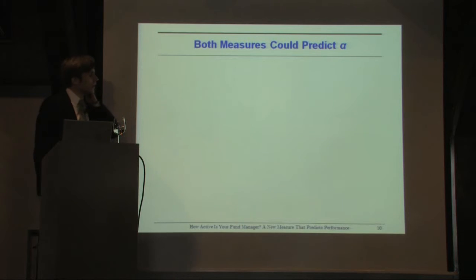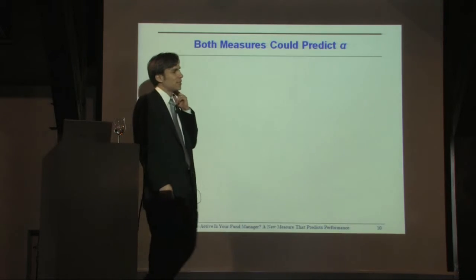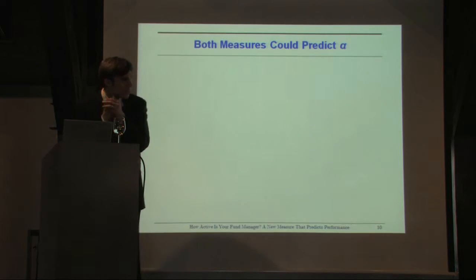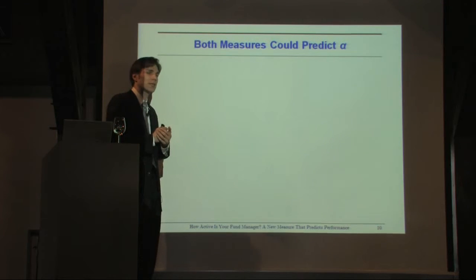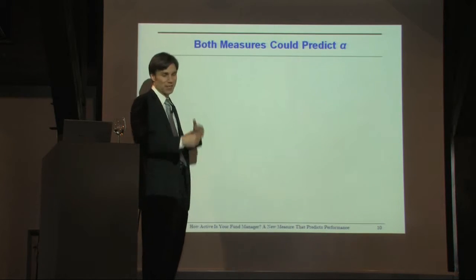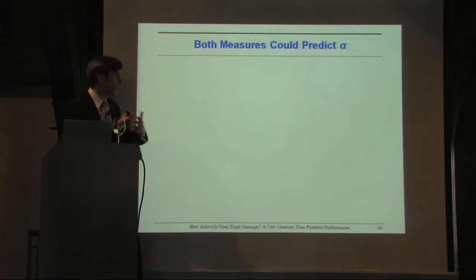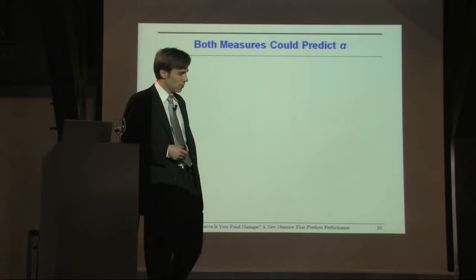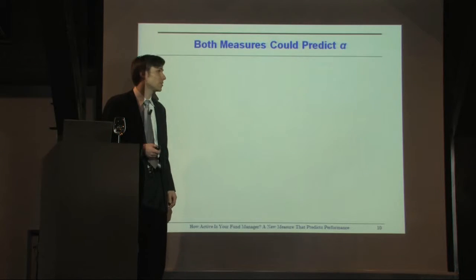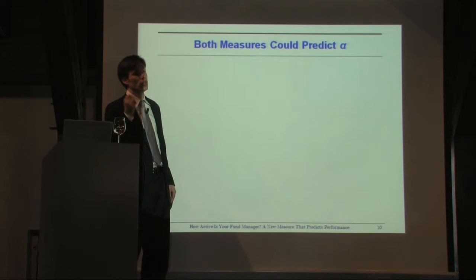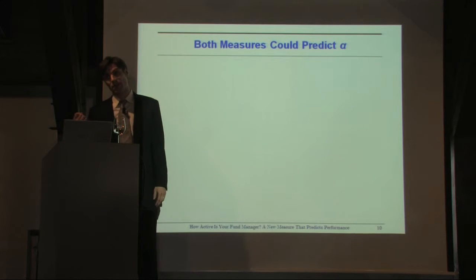Now, these are nice concepts if we want to understand what the fund managers are doing. But as investors, do we really have to care about this? Do we really have to understand exactly the active management process and these types of active management? Well, the answer is we actually do have to care, even as investors, because either measure, tracking error or active share, could predict fund performance.